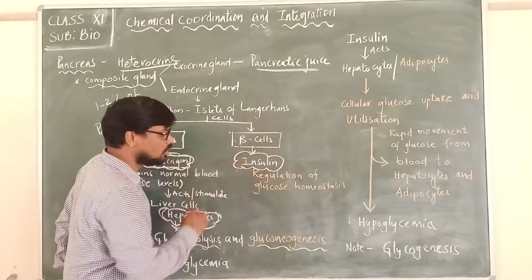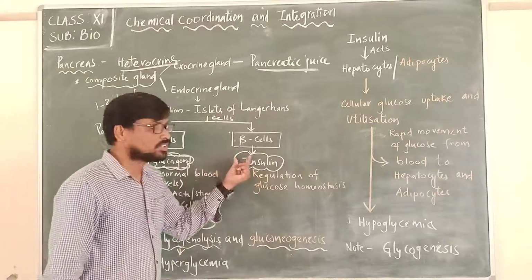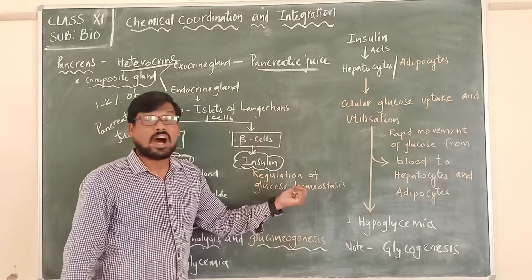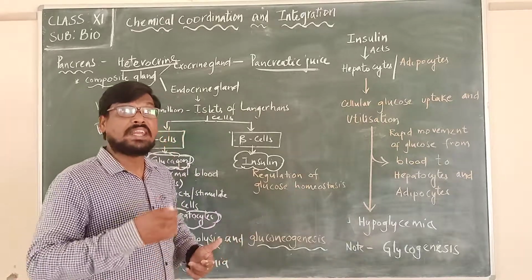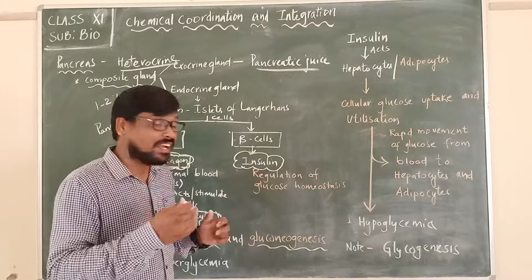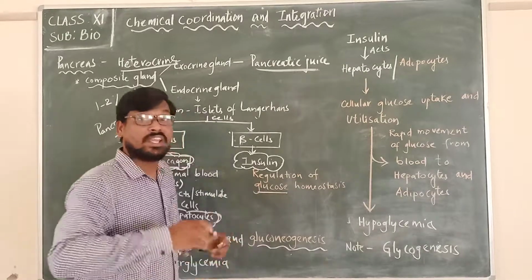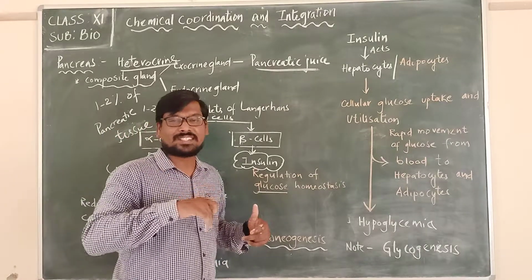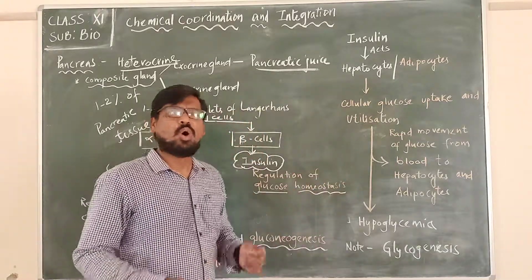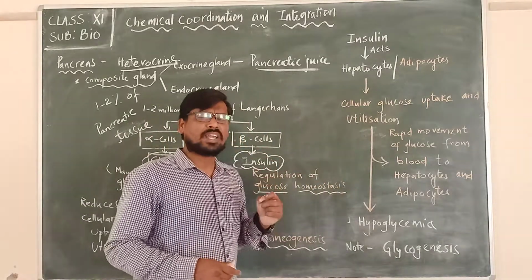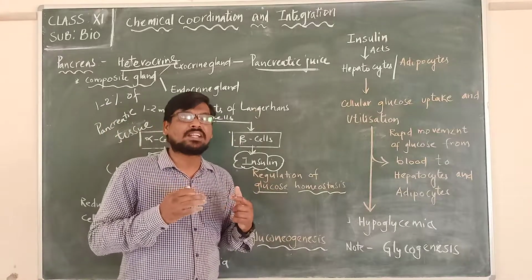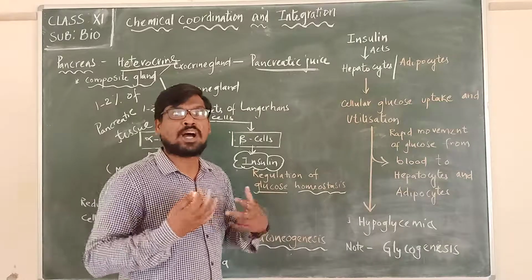Now if you look at insulin, what is the main function of insulin? It helps in regulation of glucose homeostasis. That means it helps in regulating or balancing the amount of glucose inside the body. What are we calling that? Homeostasis. Homeostasis is a very simple term that we should keep in mind; it states maintaining the internal environment.